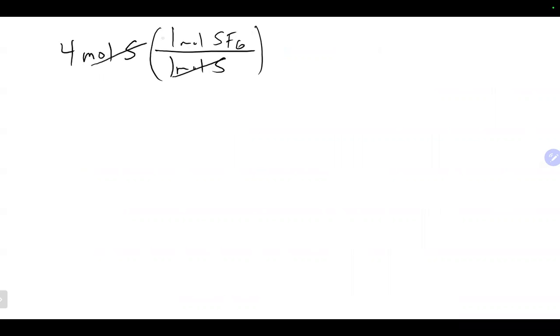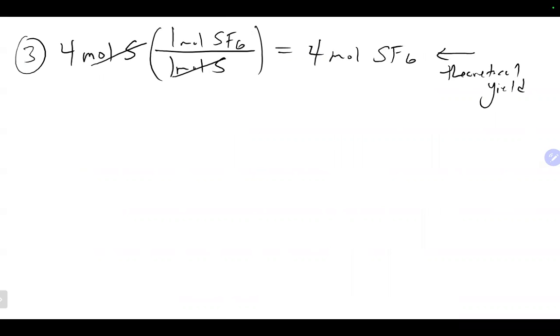And those cancel, which means that we would produce in this case 4 moles of SF6, which would in theory be our theoretical yield in moles. So this would be like the 3rd step in our stoichiometry calculation after we figured out the limiting reagent. We could go to our 4th step, which would be to convert that into how many grams that would be.